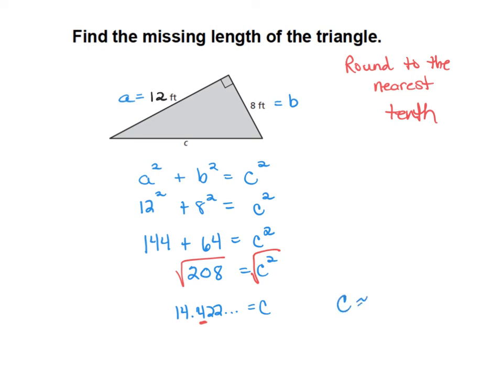C is approximately 14.4 feet. We look behind this number in the hundredths place. We look at the 2, and the 2 tells us to keep the 4 the same. So our answer is an approximation, 14.4 feet. Notice 14.4 is still larger than 12 and 8.